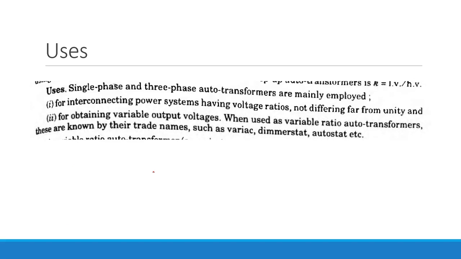If we talk about the application of auto transformers, mostly in single phase and three phase circuits they are used for interconnecting power systems which have voltage ratios not far away from unity.